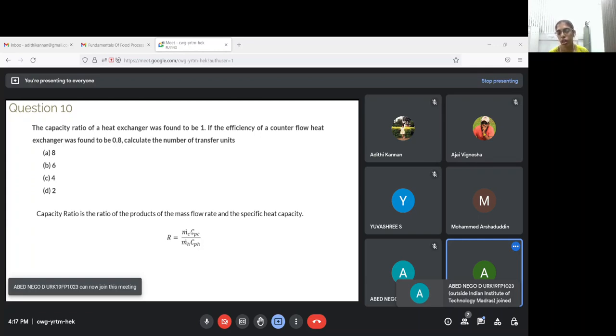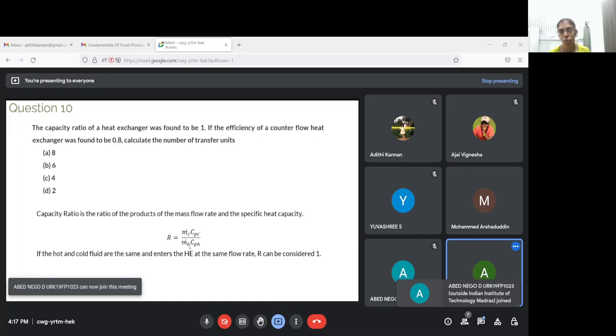And if you are letting the two fluids enter at the same mass flow rate inside the heat exchanger, then your mass flow rate will also be the same. So when you are dealing with the same liquid at the same mass flow rate, your capacity ratio will be 1 for that particular heat exchanger. So if the hot and the cold fluid are the same and enter the heat exchanger at the same flow rate, R can be considered as 1.